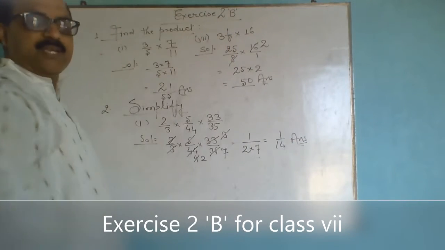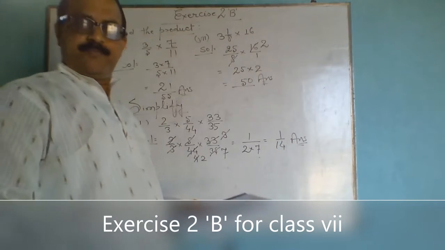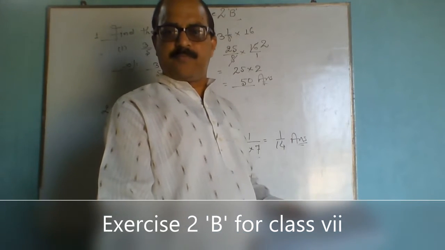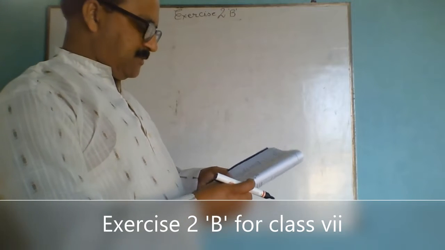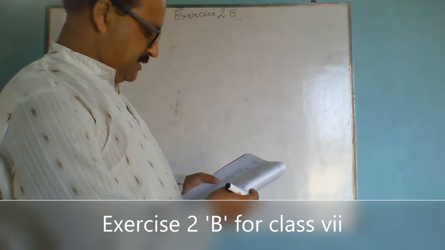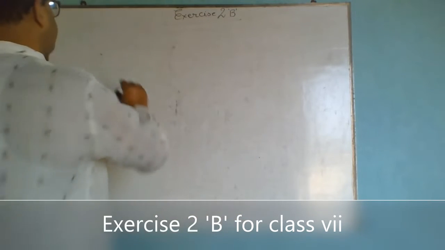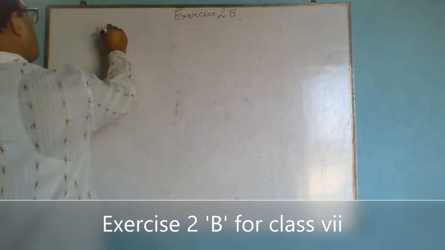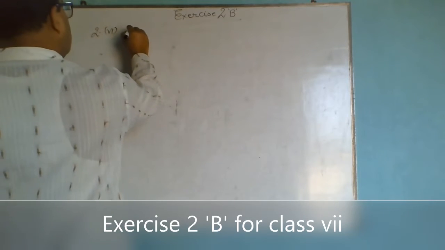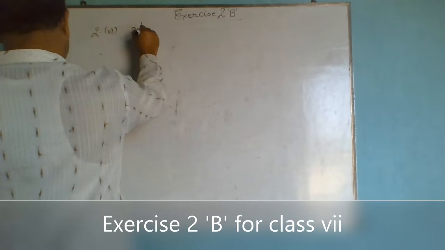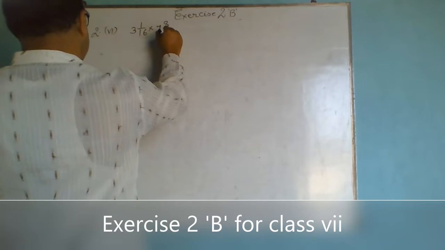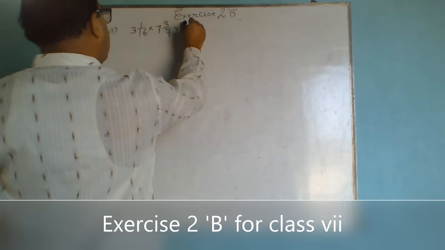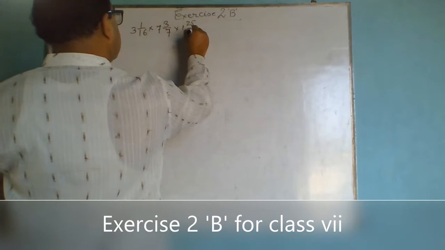So the simplification. Questions of your simplification, and question number 6. The question is 3 whole 1 by 16 into 7 whole 3 by 7 into 1 whole 25 by 39.